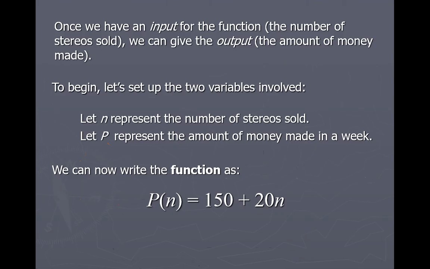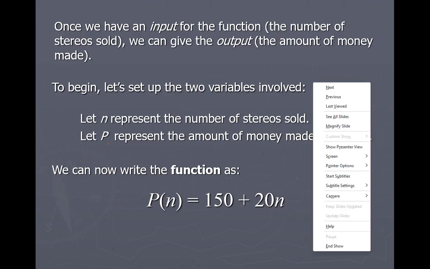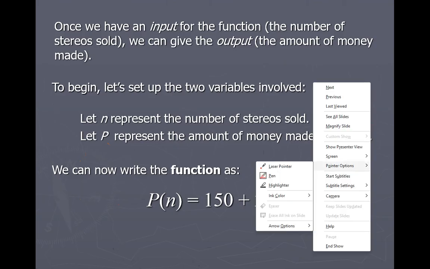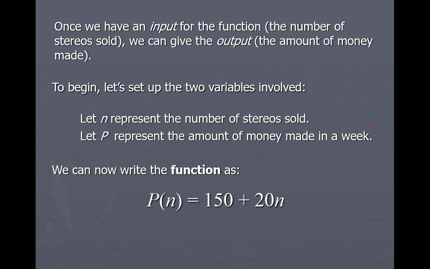No different, except when we talk about this situation, it really feels like 150 should be first. I get 150 plus I get $20 per stereo. Now I'm going to write what you would have done underneath to really try to help and make you go, oh, okay, this is no big deal. I'm going to try and write this underneath in a color that comes up good.